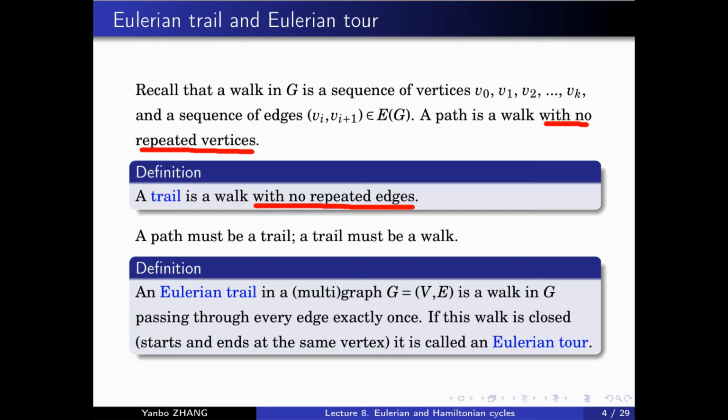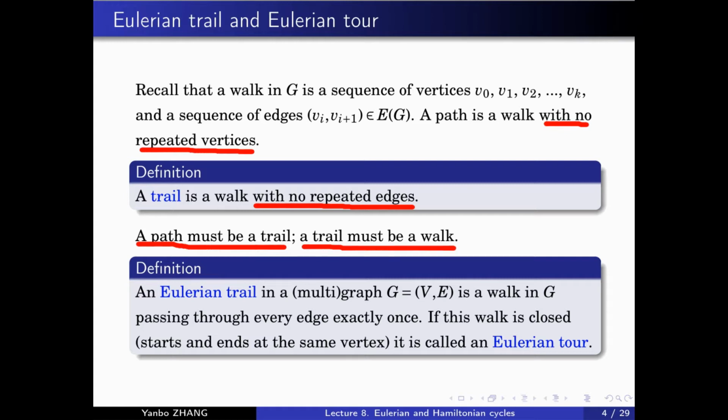That is to say, a path must be a trail. If we describe it in the language of sets, the set of paths is a subset of the set of trails. The set of trails is a subset of the set of walks. A path must be a trail. A trail must be a walk.